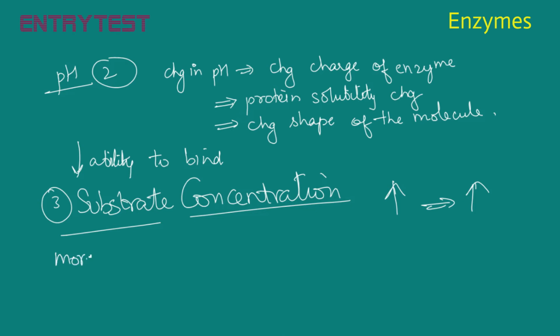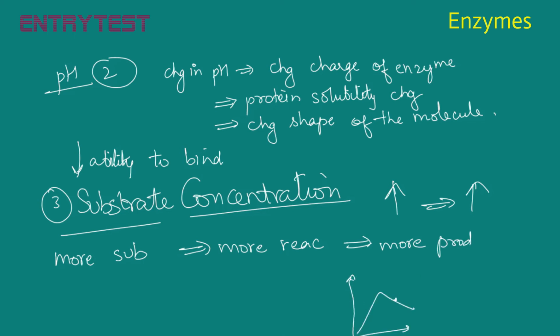More substrate means increased likelihood of collision between the enzyme and substrate. That means more reactions, and that means more products. But the graph in this case is also like this. That means after a certain point, the rate of reaction will not rise.